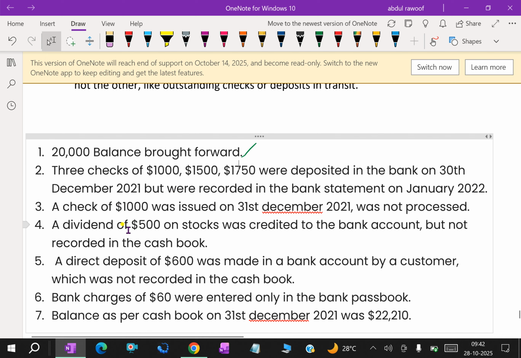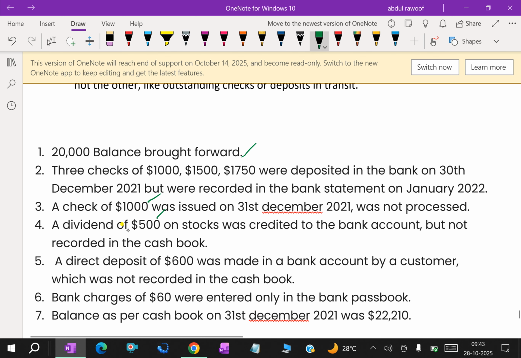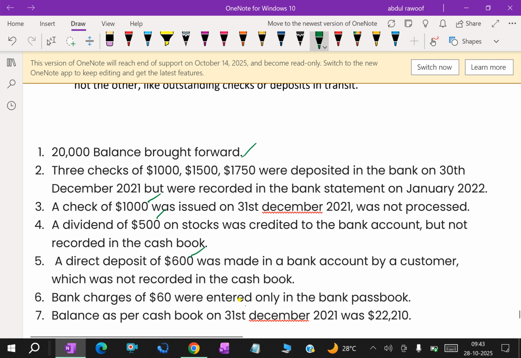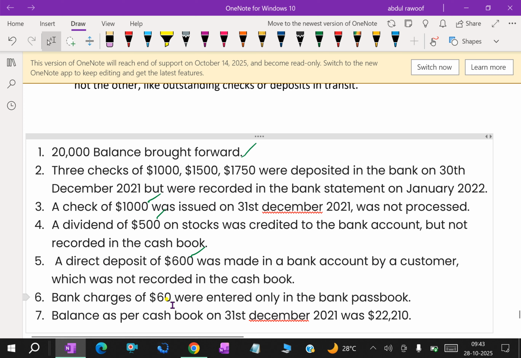The check of 1,000 was issued and a dividend of 500, a direct deposit of 600 in the bank account by a customer, and bank charges of rupees 60 were entered only in the bank passbook. Balance as per cash book on 31st December 2021 was 22,210. How to fill in this reconciliation sheet?